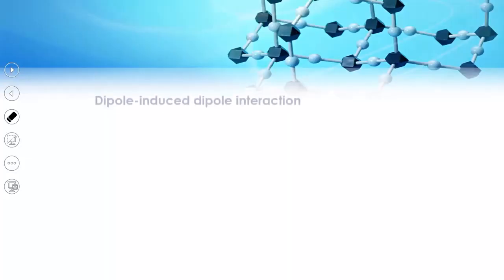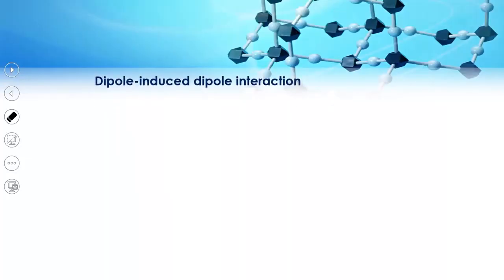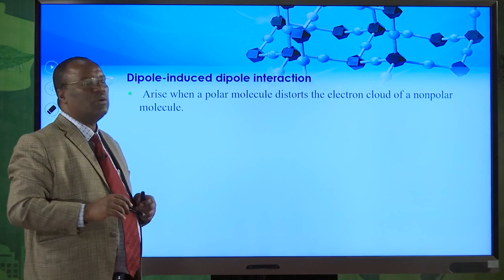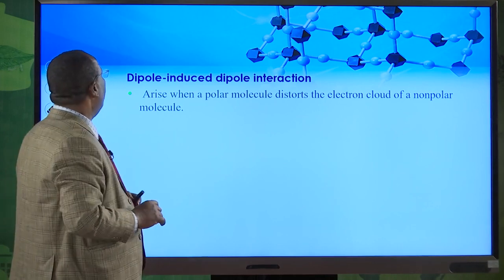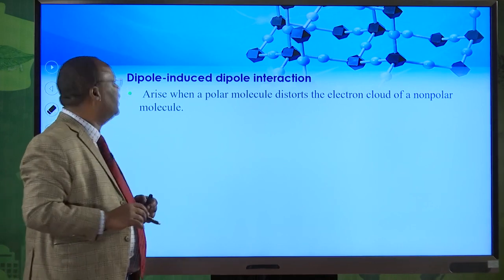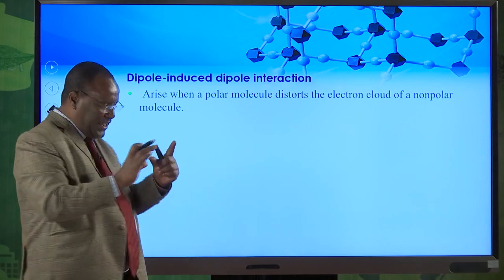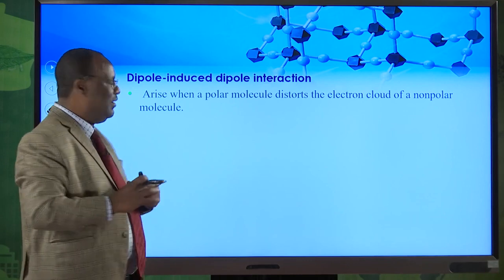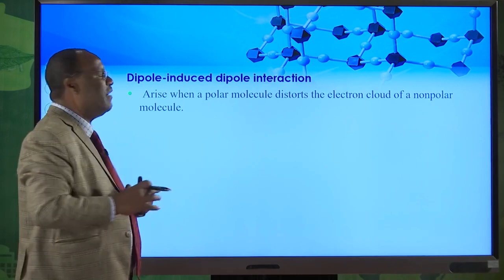And next, dipole-induced dipole interaction. What type of interaction is it? It arises when a polar molecule distorts the electron cloud of a non-polar molecule. It is the intermolecular attraction between a dipole and a non-polar molecule.